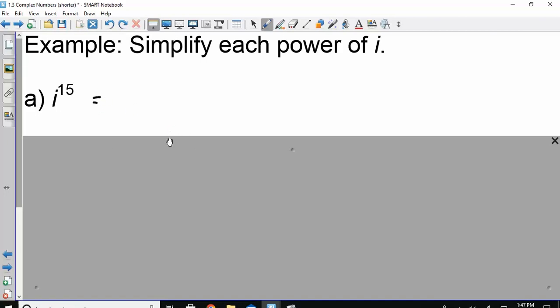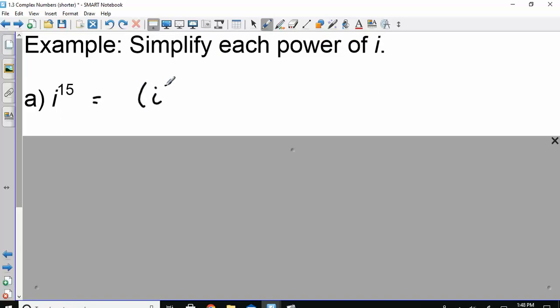So if I asked you to simplify this, if we have lots of time, we could just write out 15 i's. Is that what we want to do? Not at all. So what do we know about i's? Every time we get i squared, what does that turn into? -1. All right, so let's start there.